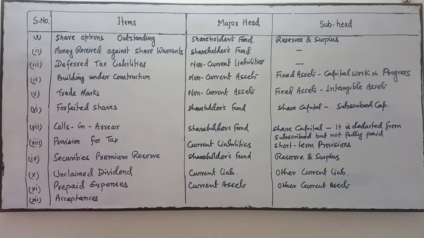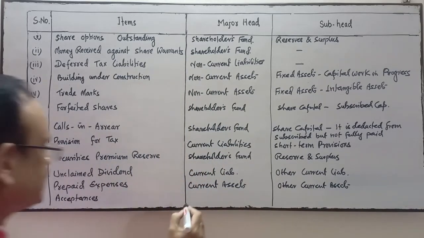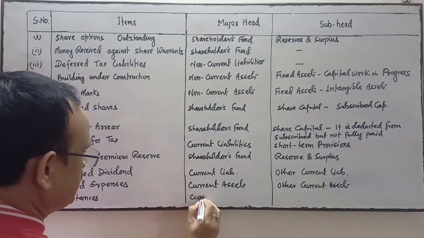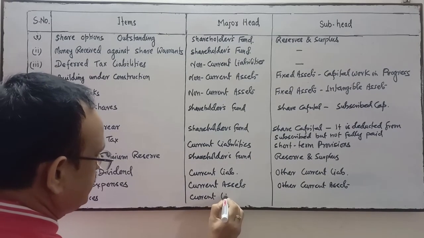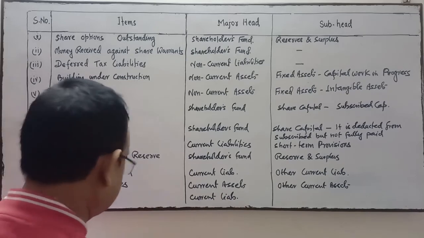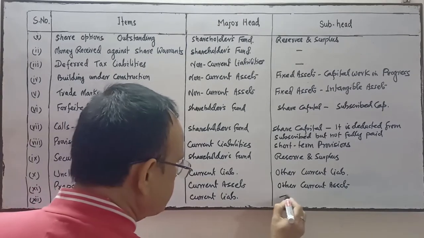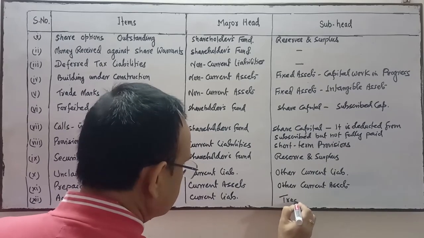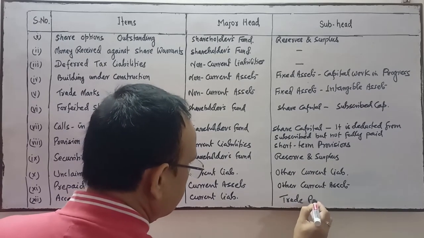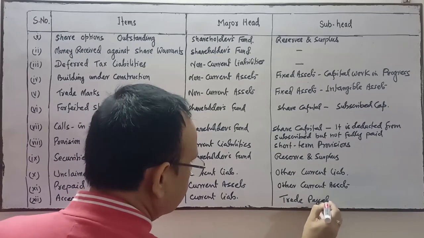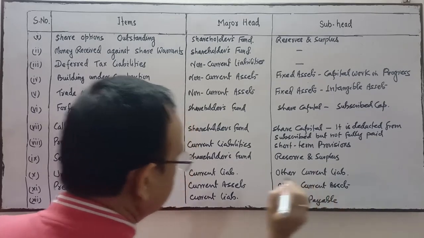Next is acceptance. Acceptance comes under the current liabilities. The heading is current liabilities, and the subheading of acceptance is trade payables.